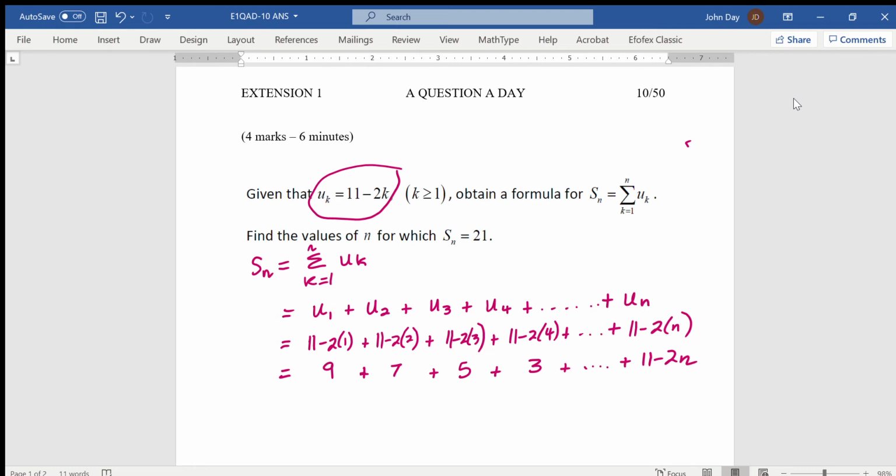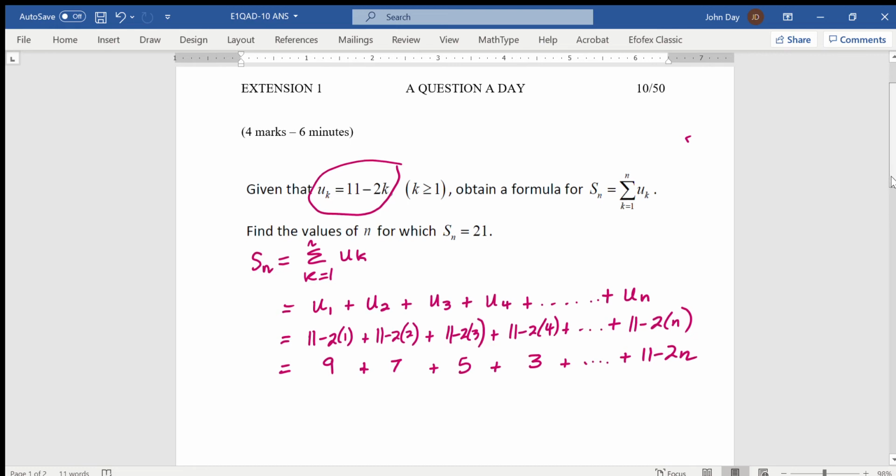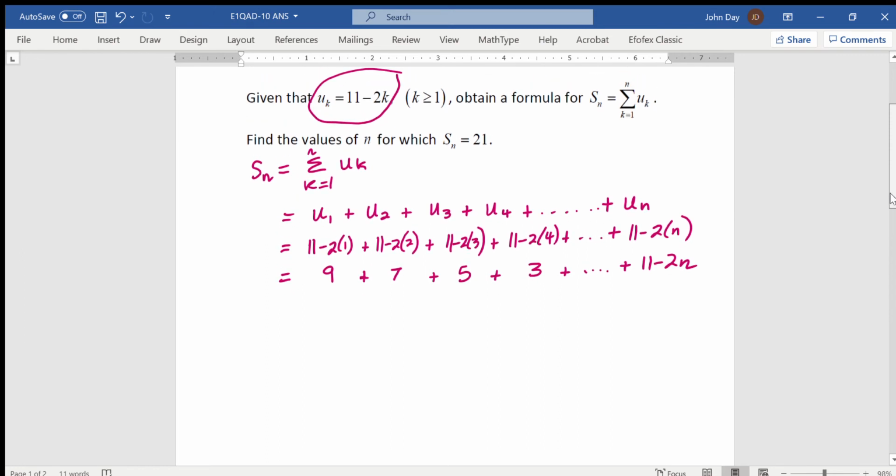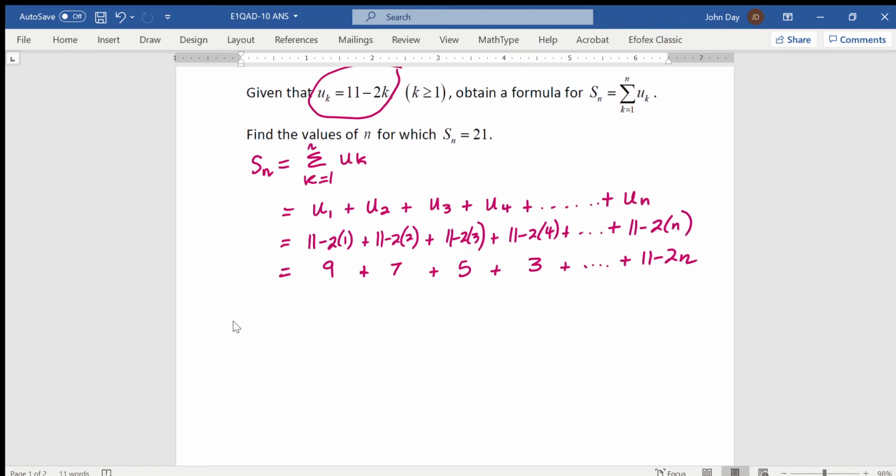So if we want to translate it into something that we know about, we know that this is an arithmetic series because it has a common difference. It's an arithmetic series with first term 9, common difference minus 2 because they go down by 2 each one, and how many terms are there? There's n actual terms, right?